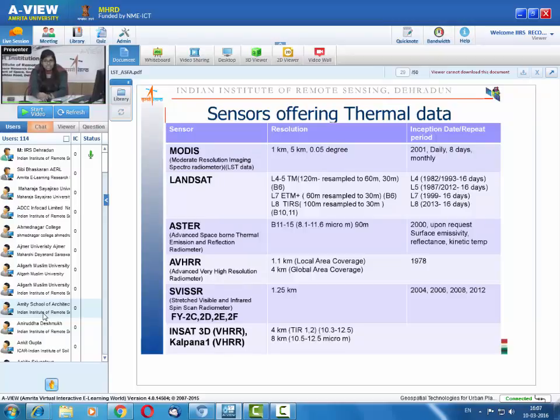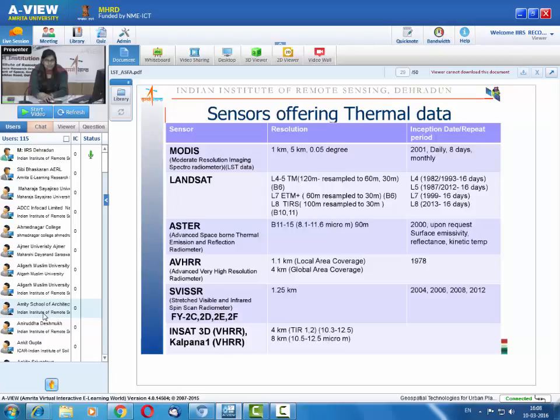Band number 10 and 11 in Landsat 8 are thermal bands. They are actually 100 meter but resampled to 30 meters. As you can see, Landsat 7, 60 meter resampled to 30 meters, band number 6. Same for Landsat 4 and 5, thematic mapper TM, band number 6, 120 meter actual resampled to 60 meters and 30 meters.